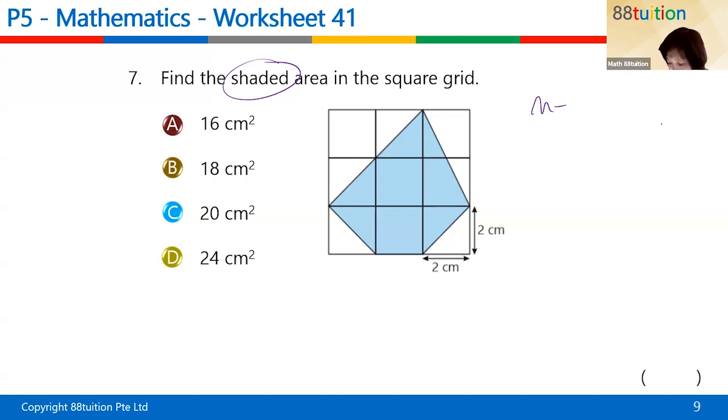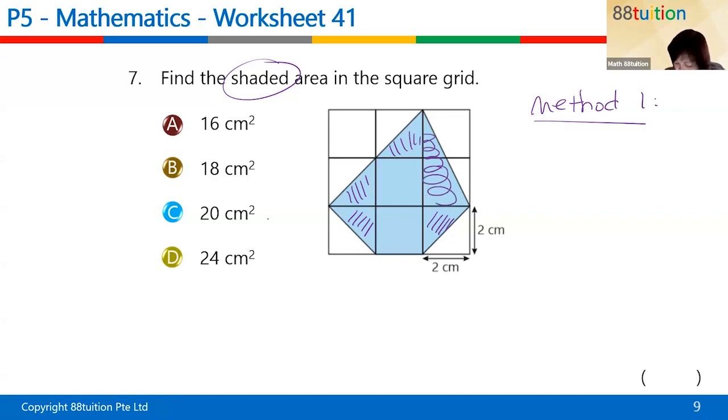Method 1 will be this, counting the squares. This is half plus half. It's called 1 unit, right? So this and this is also 1 unit. And this one is also 1 unit.